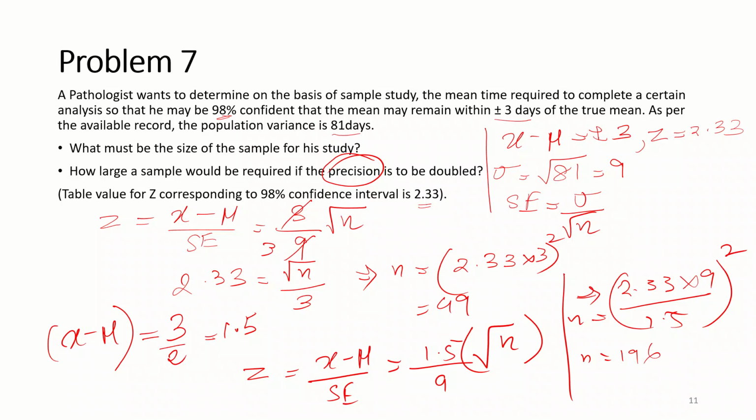Since it depends on root n, if you have to double, then n has to be 4 times, so that when you take the root, it will be double again. So it becomes 49 into 4, which gives 196, and when taking the root, the standard error becomes half.